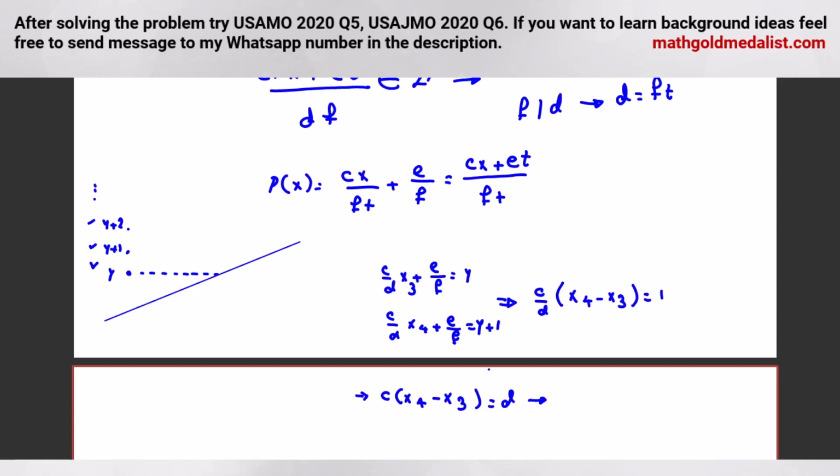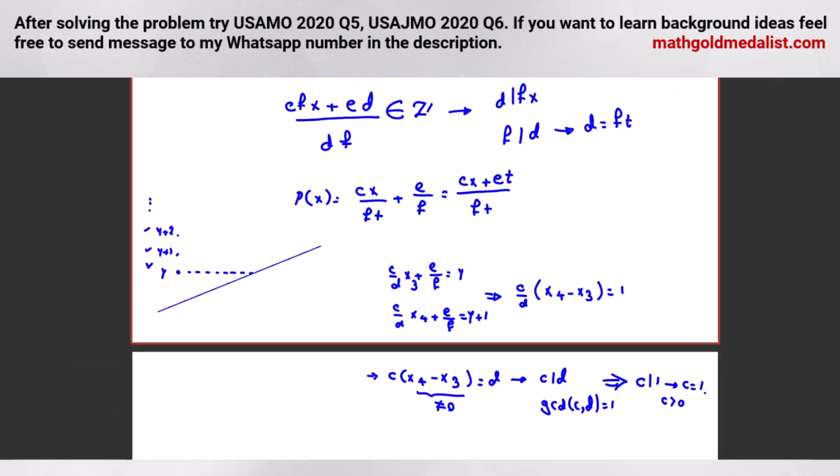So what can we conclude then? Well, if C is greater than 1, then GCD of C and D will be greater than 1. C divides D, but because GCD of C and D is 1, C divides 1, and because C is positive, C is 1, right?